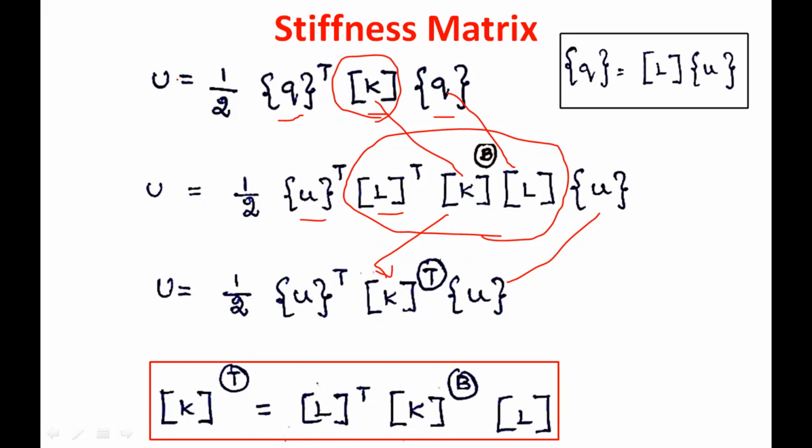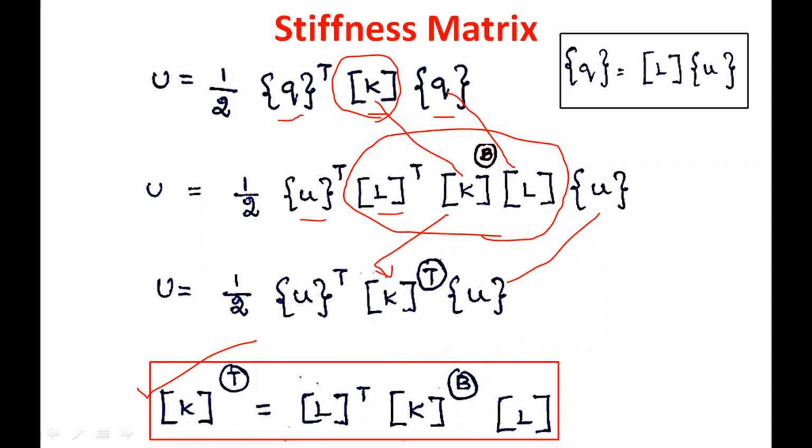This is the expression derived based on the strain energy concept. So for the truss element, the stiffness matrix will be L transpose K L. What is this K? The stiffness matrix of the bar element, which we already derived, and L we have to multiply, the transformation matrix, on both sides.